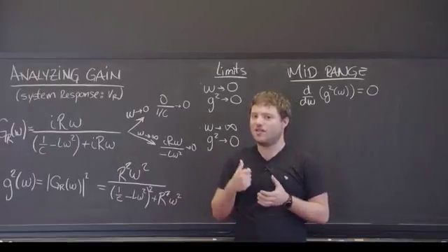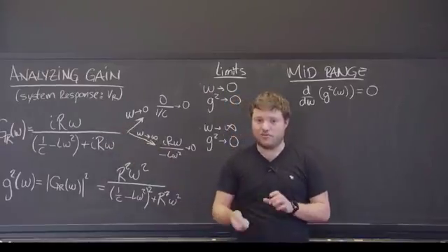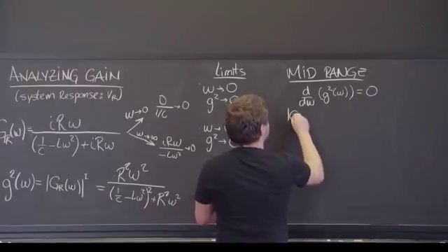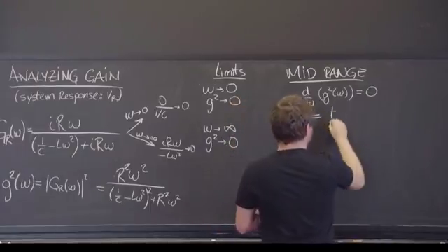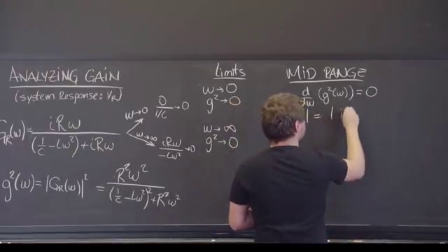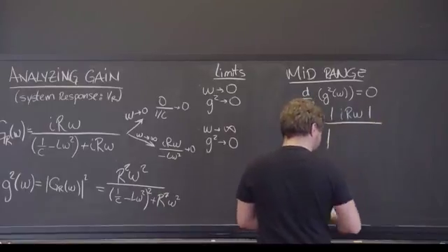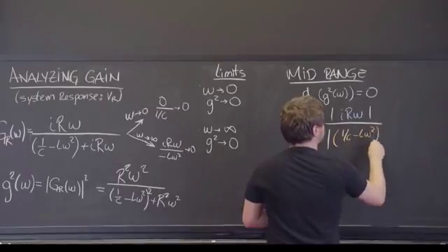This is a case where dealing with the complex numbers and thinking about big G of r will be very helpful. So let's look at the magnitude of G of r, which is given by the magnitude of its numerator divided by the magnitude of its denominator.